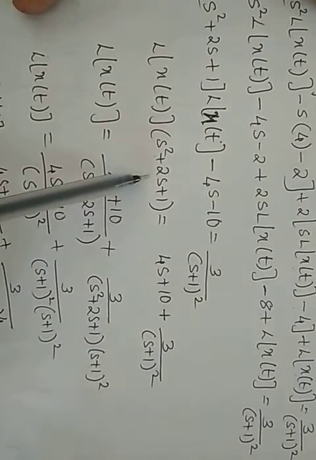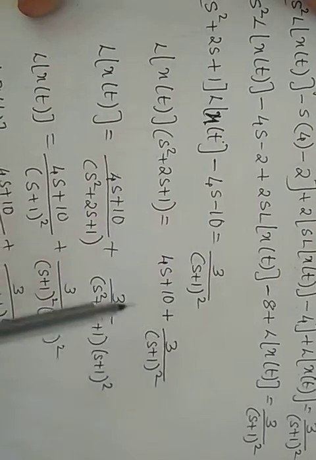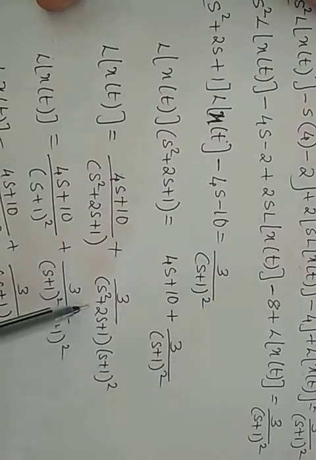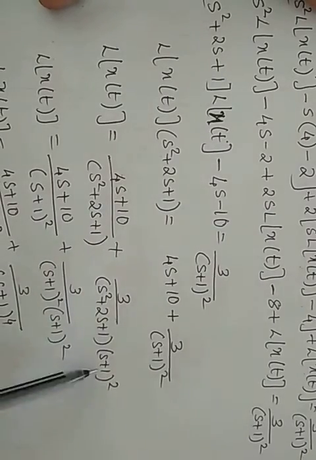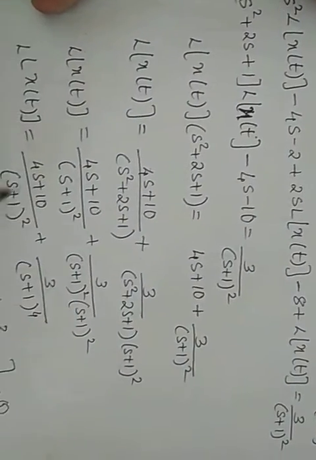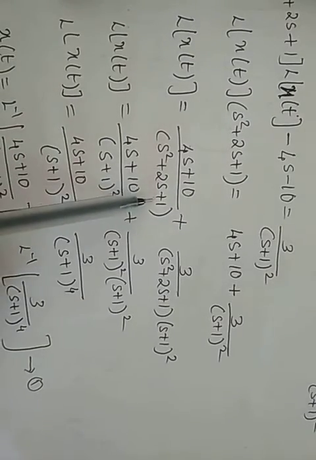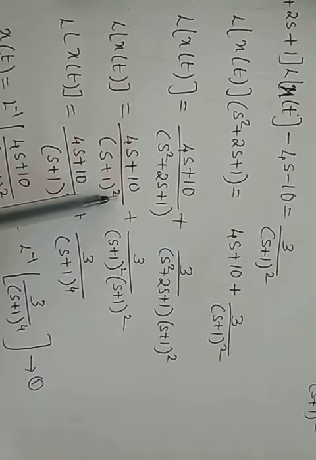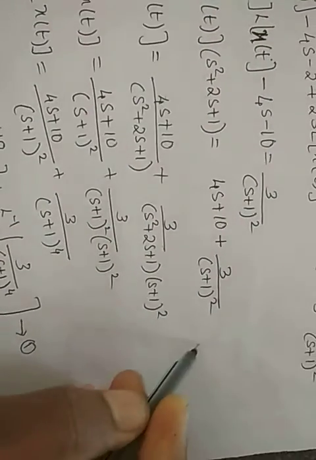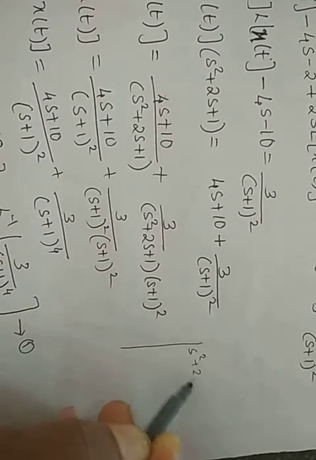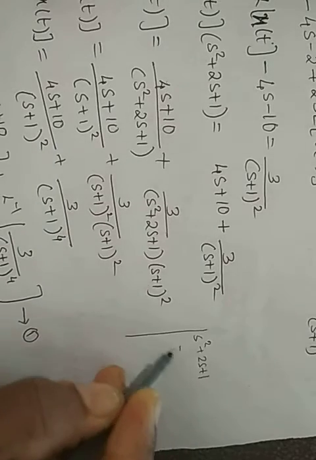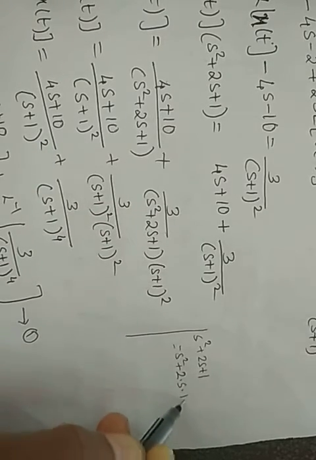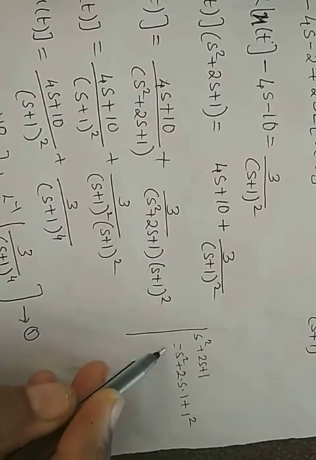Then bringing this bracket to the denominator, we get 4s plus 10 upon s square plus 2s plus 1, plus 3 upon s square plus 2s plus 1 into s plus 1 the whole square. This is a perfect square: s square plus 2s plus 1 becomes s plus 1 the whole square, since it can be written as s square plus 2 into s into 1 plus 1 square.